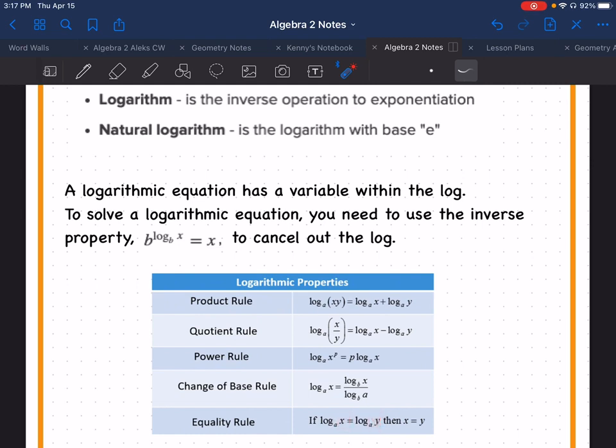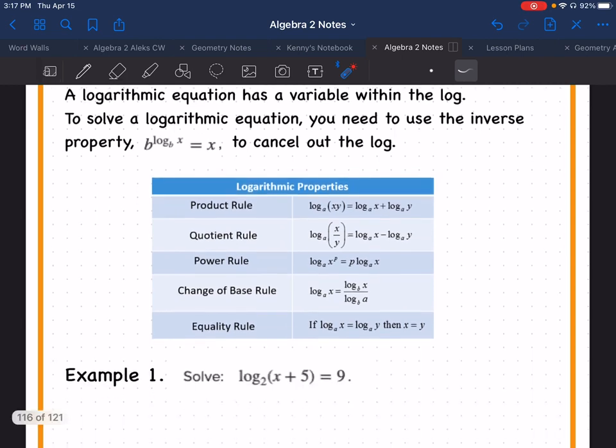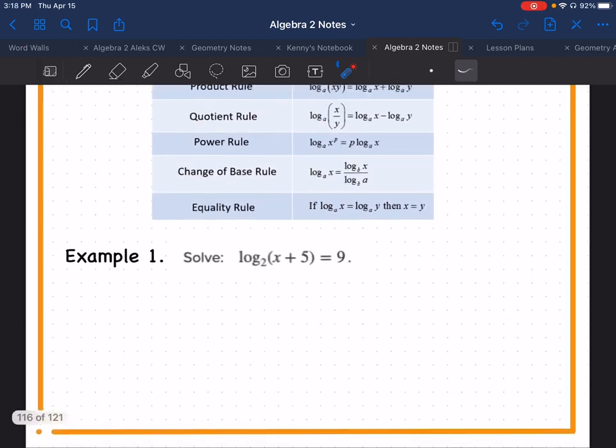Let's go ahead and take a look at our first equation. So we need to solve log base 2 of x plus 5 equals 9. We're going to use the inverse property, and we are going to first focus on the base of our log. We want to make sure that we know what the base of our log is.